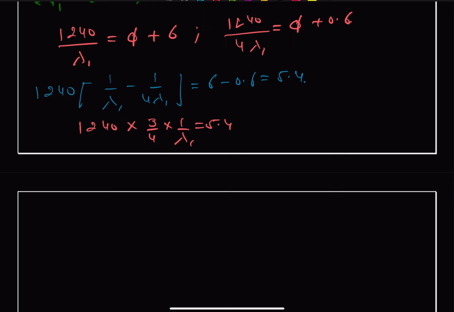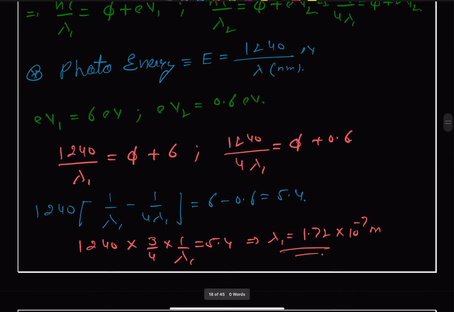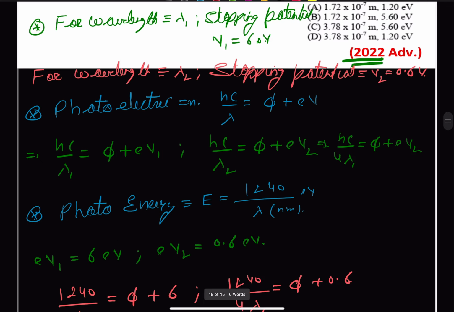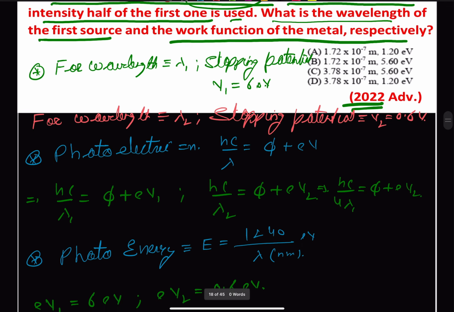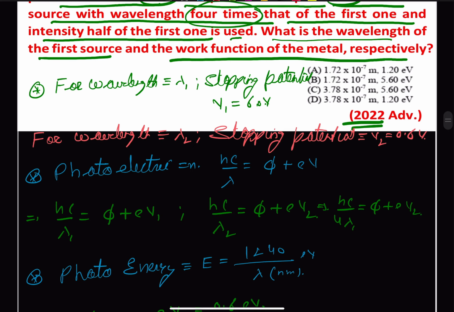And from here, now it is a simple calculation. Lambda 1 will be coming as 1.72 into 10 to the minus 7 meters. Okay, so this is the value of our lambda 1 and first source, and we need to find out our work function.